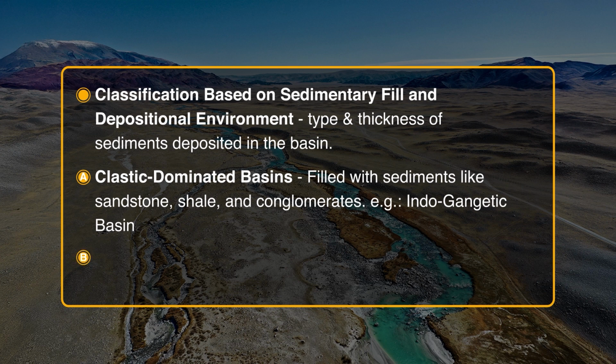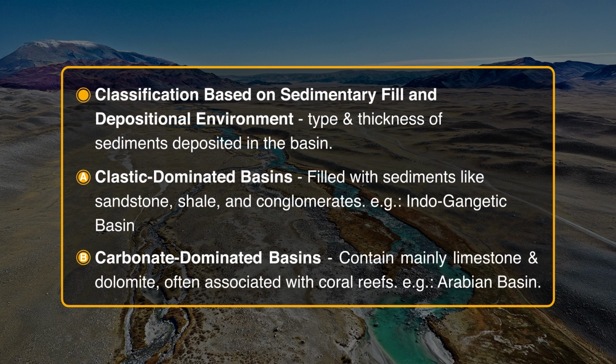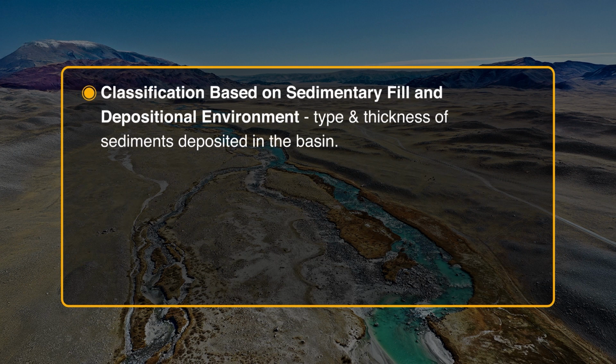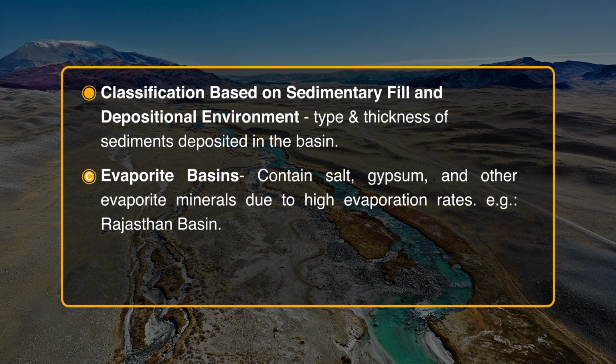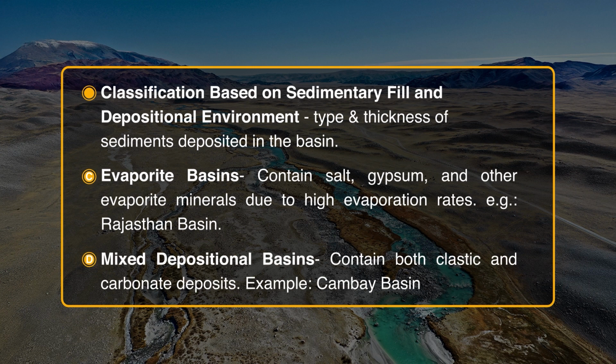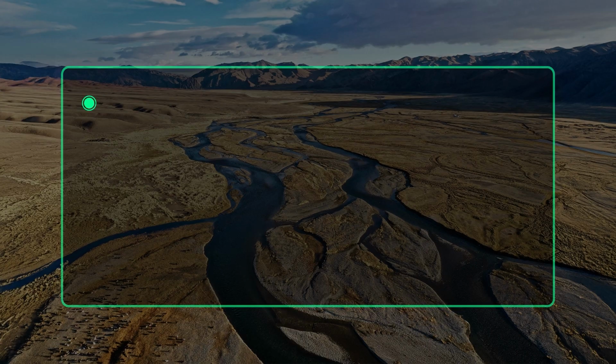Then the second type is the carbonate dominated basins, which contain mainly limestone and dolomite, often associated with coral reefs, like in the Arabian basin. Then evaporite basins, which contain salt, gypsum and other evaporite minerals due to high evaporation rates, like in the Rajasthan basin. Then the fourth class is the mixed depositional basin, which contains both clastic and carbonate deposits, for example, in the Cambay basin.